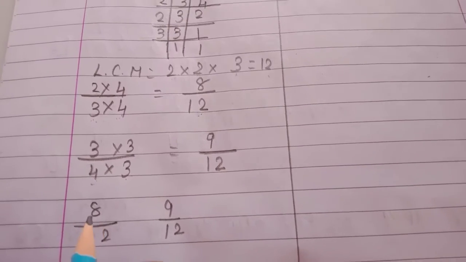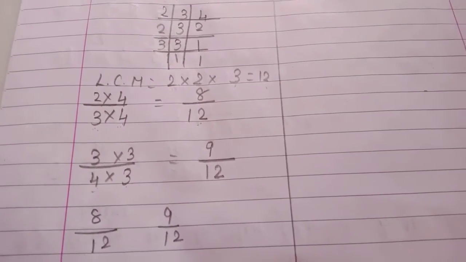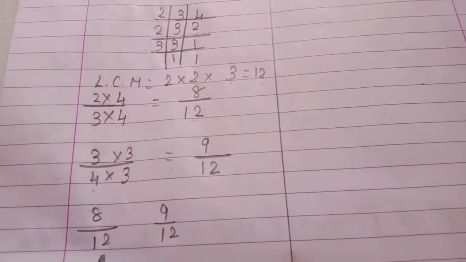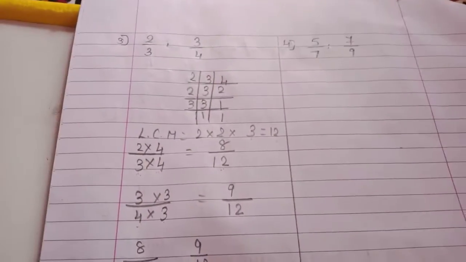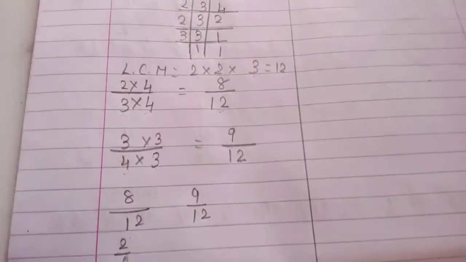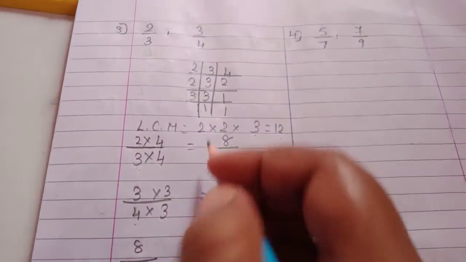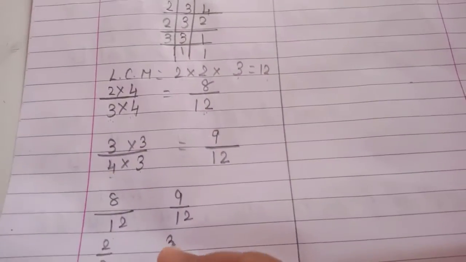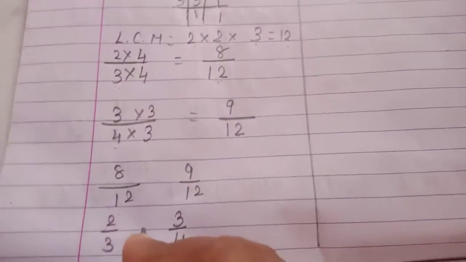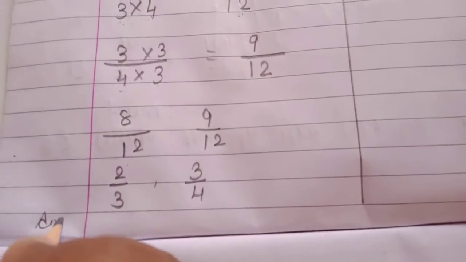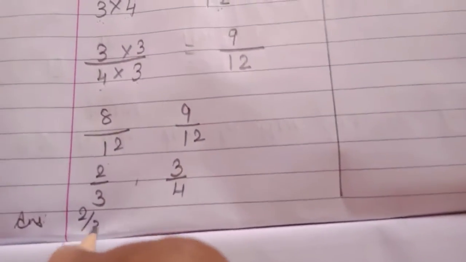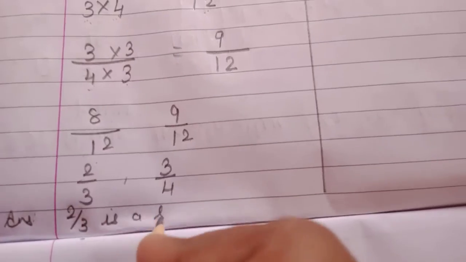So we have to compare now 8 and 9. Which one is the smallest? 8 upon 12. So in place of 8 upon 12 we will write 2 upon 3, and 9 upon 12 we will write 3 upon 4. So which one is the smallest now? 2 upon 3. So the answer is 2 upon 3 is the smaller fraction.